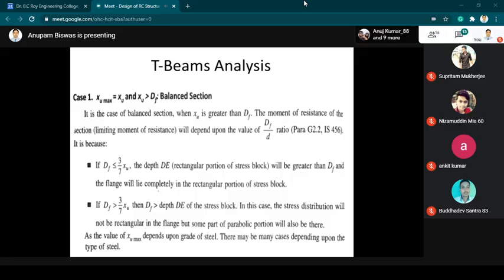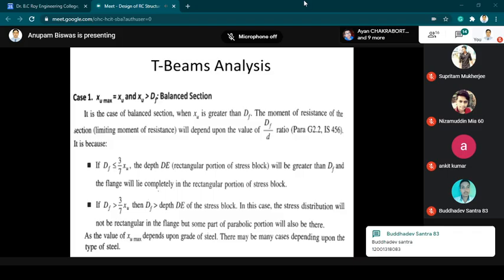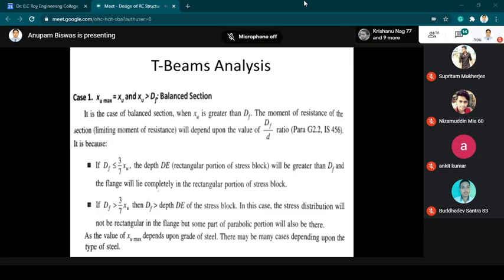On the contrary, if the compression part lies within the flange portion, that is when DF is more than 3 by 7th XU, then the stress distribution will not be only in the rectangular portion.